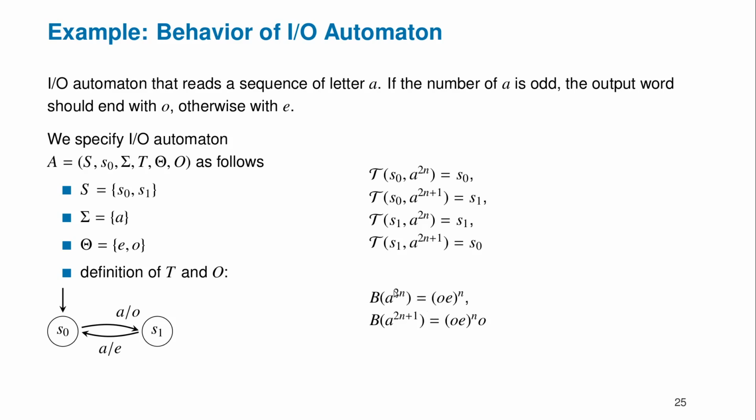And this is certainly an even number, because any number multiplied by 2 is even, and therefore the automaton behaves as expected.